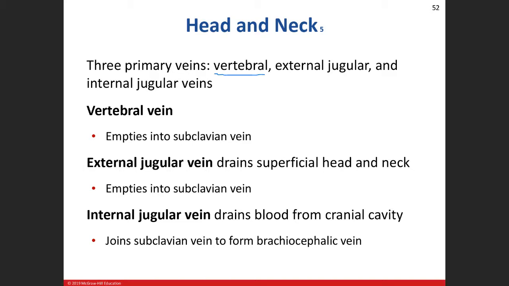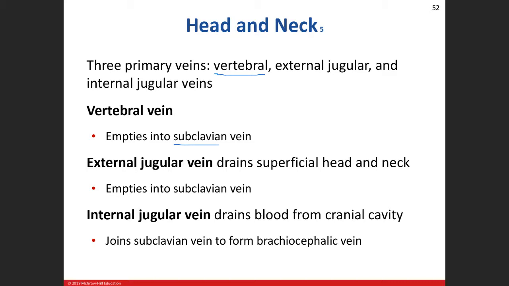And then we have both the external and the internal jugular veins. Okay, so remember, the vertebral artery was a branch off the subclavian artery, while the vertebral vein drains into the subclavian vein. Right?